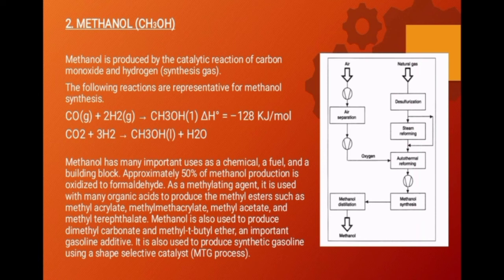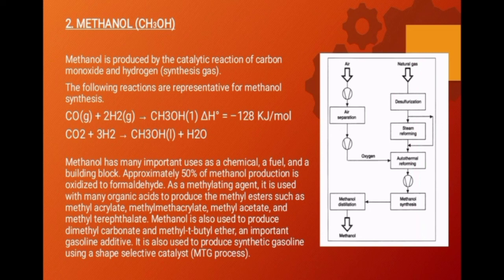Methanol has many important uses as a chemical, fuel, and a building block. Approximately 50% of methanol production is oxidized to formaldehyde. As a methylating agent, it is used with many organic acids to produce methyl esters such as methyl acrylate, methyl methacrylate, methyl acetate, and methyl terephthalate.